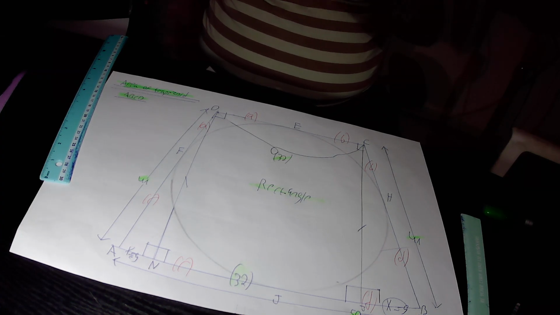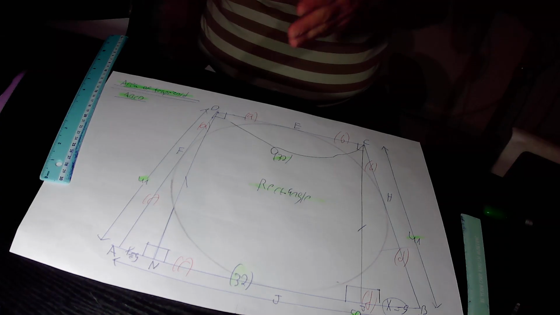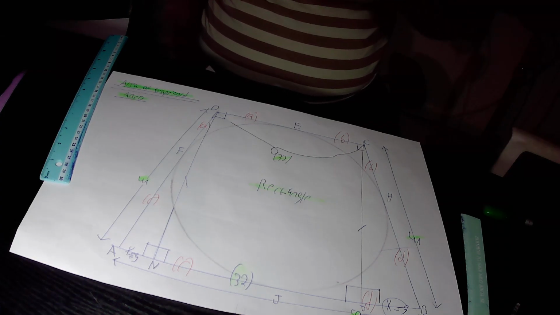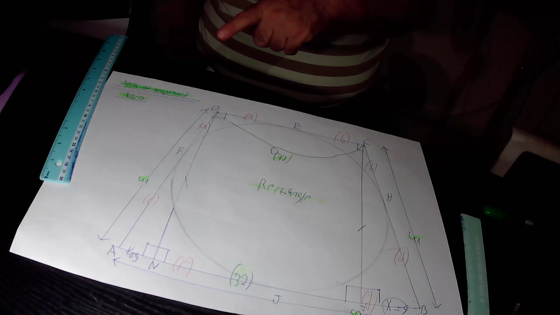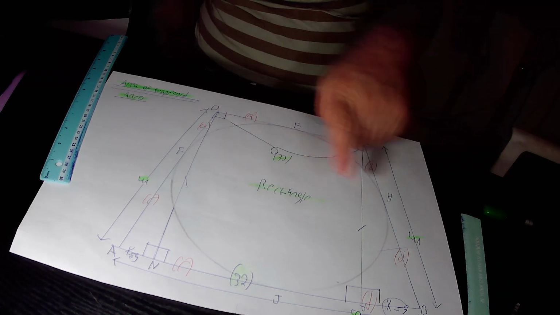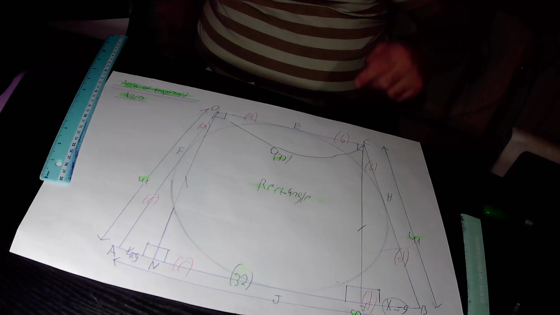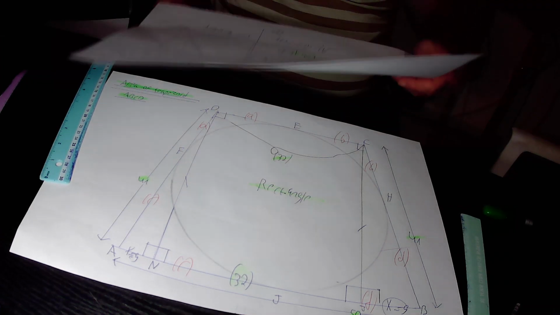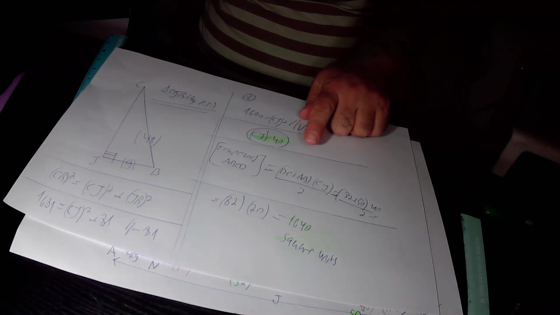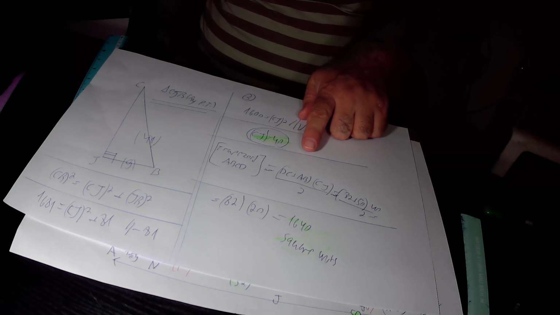According to the formula that I presented to you at the beginning of the lecture, the area of this trapezoid ABCD equals the sum of its two parallel bases, that is DC plus AB, times the height CJ, over 2.